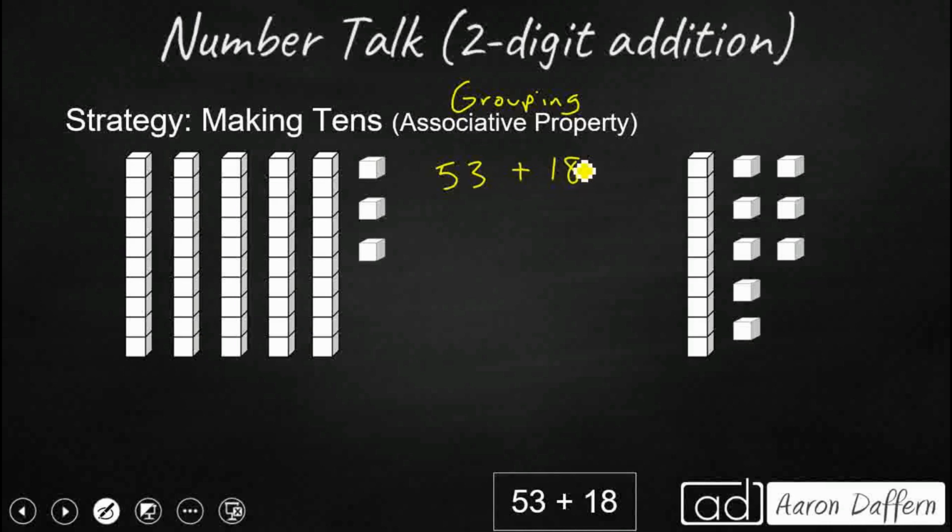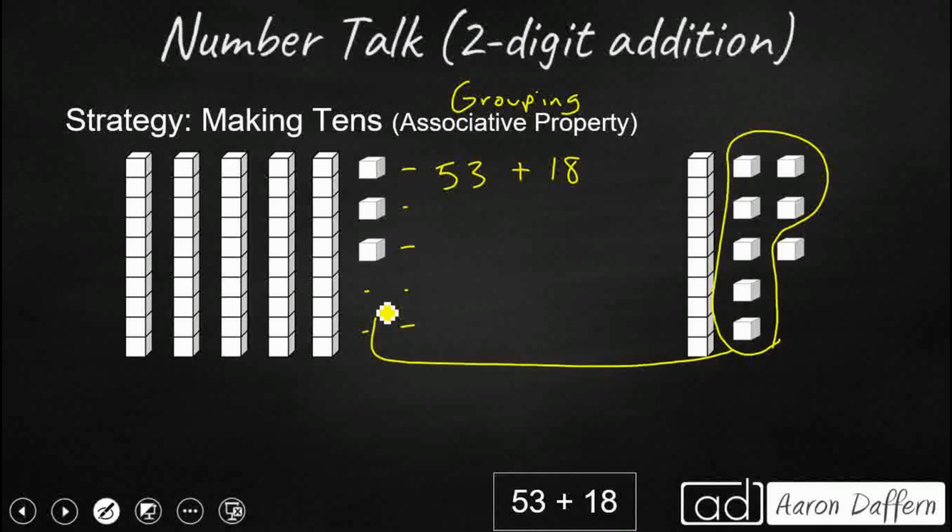To make 10, we look to see how far away that first addend is from a 10. So 1, 2, 3, 4, 5, 6, 7. I know 7 added to 3 makes my next 10, so I need 7 more to make that 53 go up to the next 10. And I'm going to steal these 7 from my second addend and then add them together. So this is what it looks like.